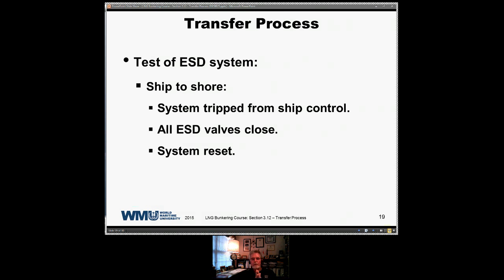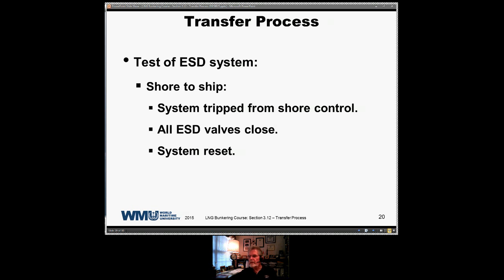Once all valves that are supposed to close are closed, each side acknowledges that their system is closed and that they're going to reset the system. The ESD system is reset, so it's put back into its active state, and valves are reopened. We now do the same procedure, except in this case the shore is going to initiate the trip.